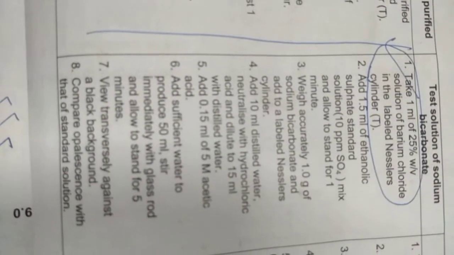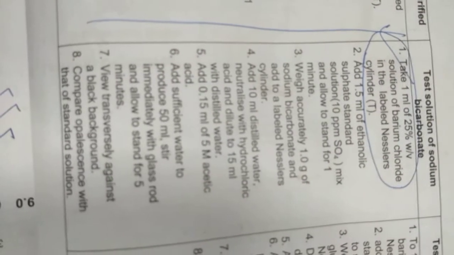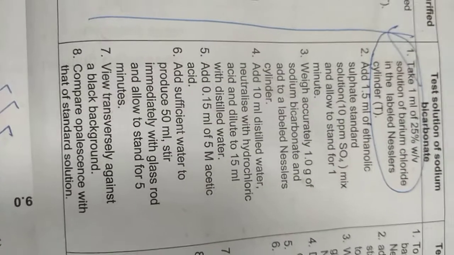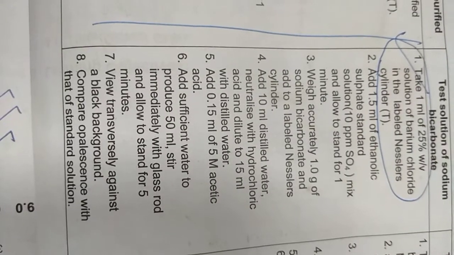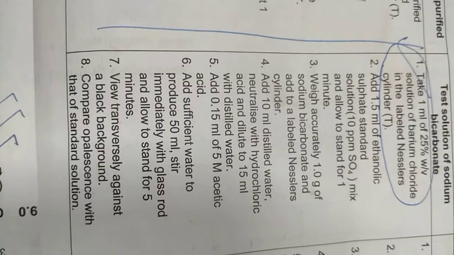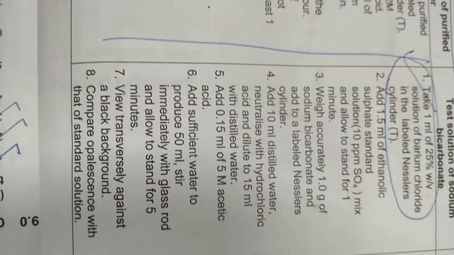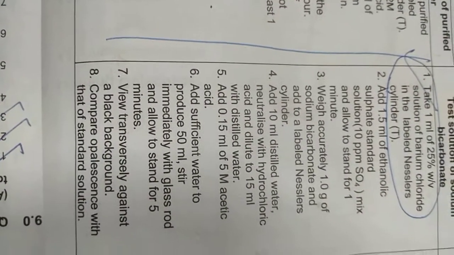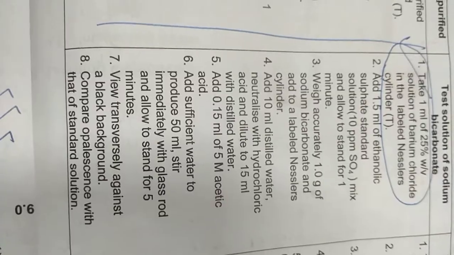Add 10 ml of distilled water which will neutralize the excess acid. Dilute it to 15 ml with distilled water. Add 0.15 ml of 5 molar acetic acid. Make the volume up to 50 ml. Allow to stand for 5 minutes and compare against the black background.